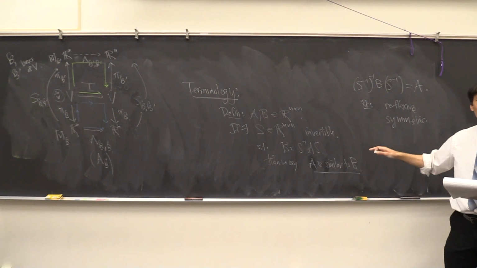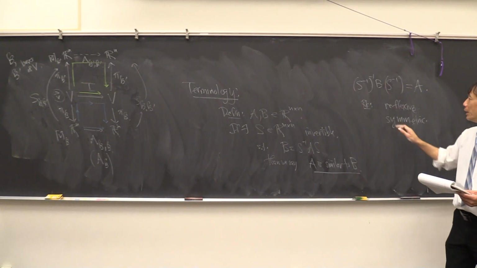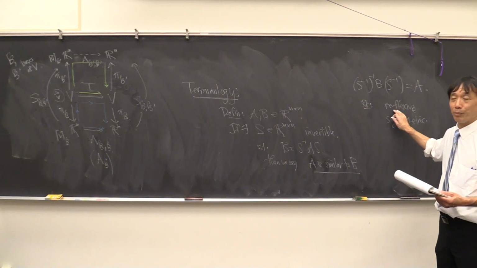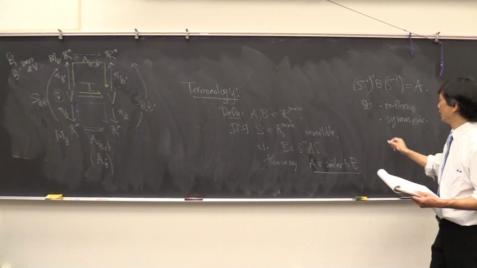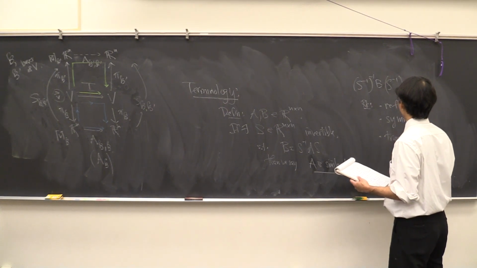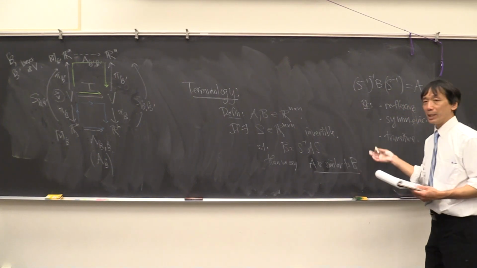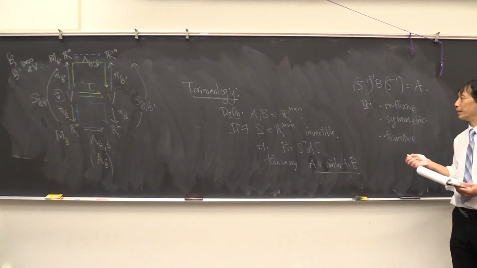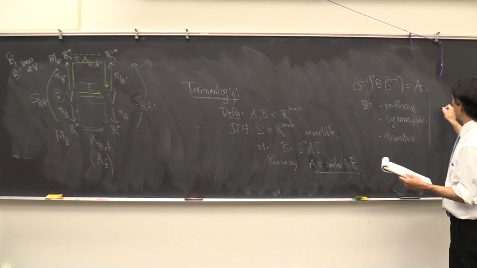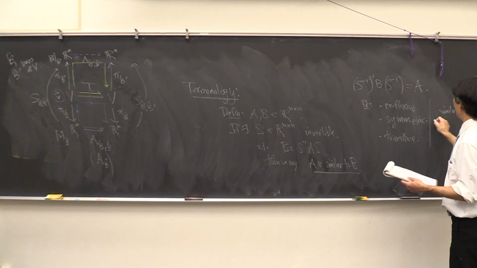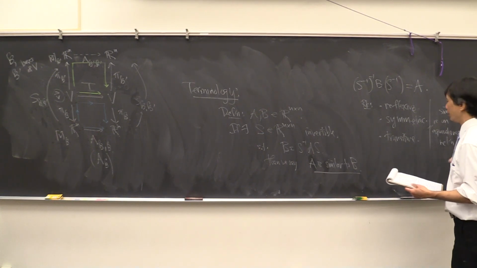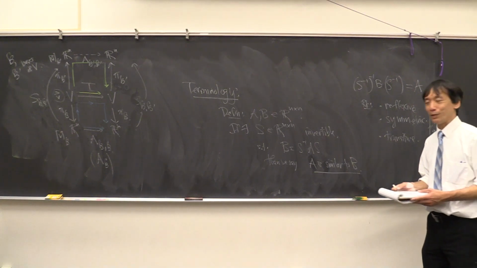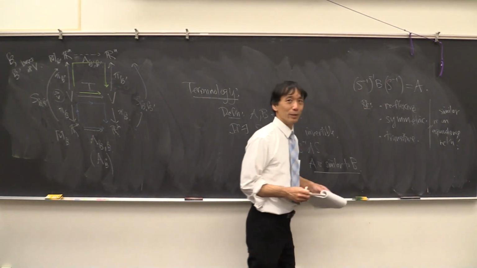It's symmetric. Sorry, I said it wrong. It's also reflexive, because every square matrix is similar to itself. And the relation is also transitive: if A is similar to B and B is similar to C, then A is similar to C. So being similar is an equivalence relation. Remember I said earlier that love is not an equivalence relation. Similarity is an equivalence relation.